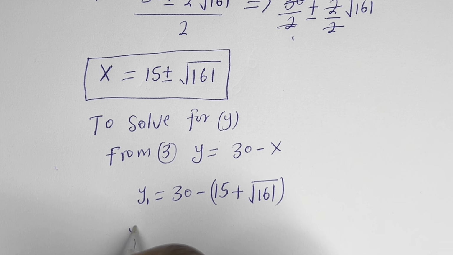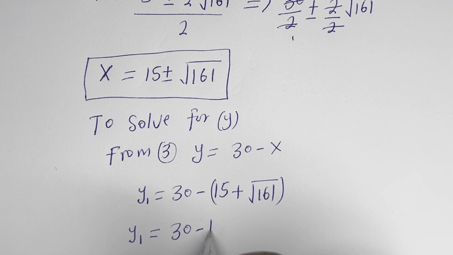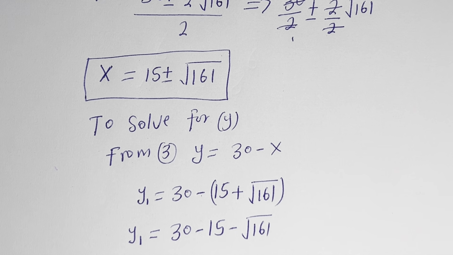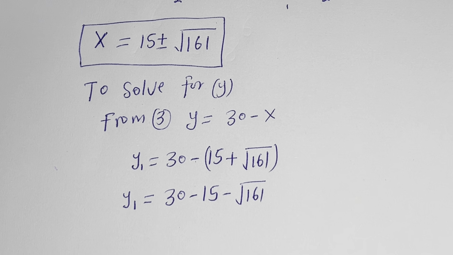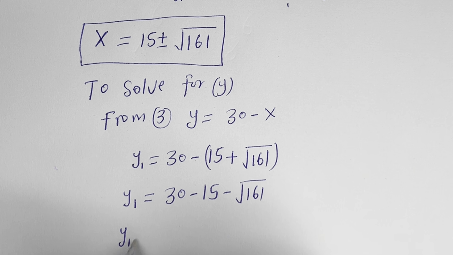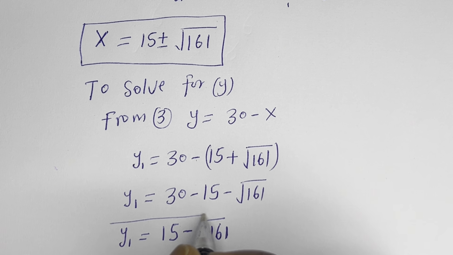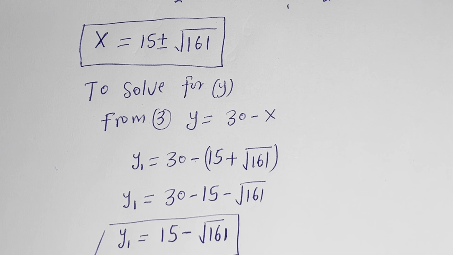Then y1 is equal to 30 minus 15, minus times plus, this is minus square root of 161. y1 is equal to 15 minus square root of 161. This is the value of y1.